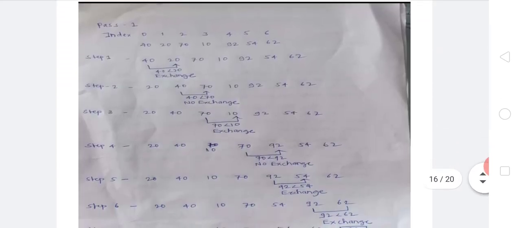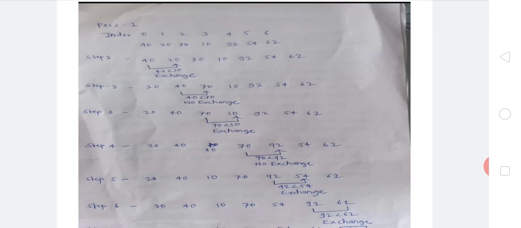In pass number 1, first we write the index 0, 1, 2, 3, 4, 5 and 6. Also we write the elements 40, 20, 70, 10, 92, 54 and 62.